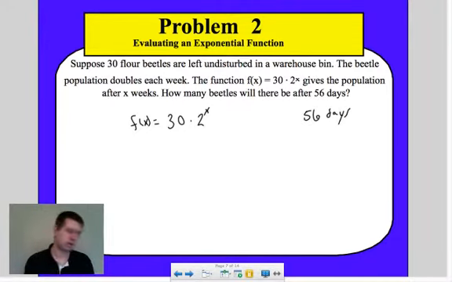Okay, so if we look at 56 days, first thing we need to know is how many weeks that is. So as we go through, we're just going to take 56 days divided by 7 days in a week.